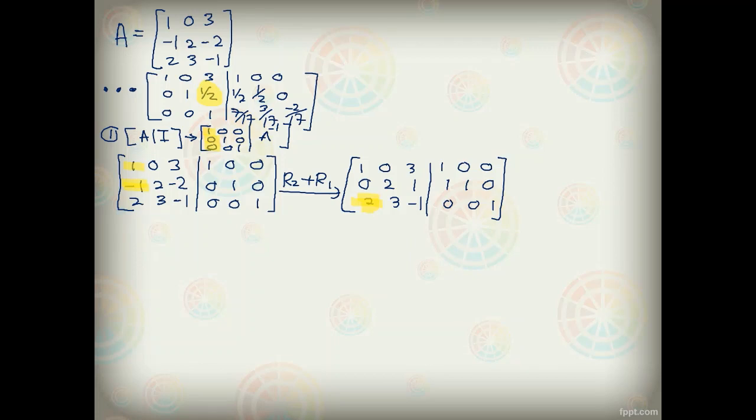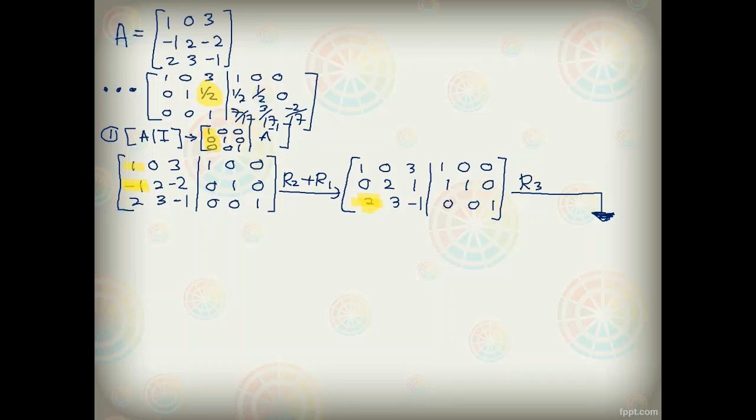In order to change 2 to 0, the only row that can help us to do so is row 1. Sorry, I don't have enough space. So now our aim is to change row 3. We write row 3 because only row 3 will change, based on this operation. Then we need to decide which row we want to use to reduce this to 0. We cannot use the second row here because the second row is already 0.